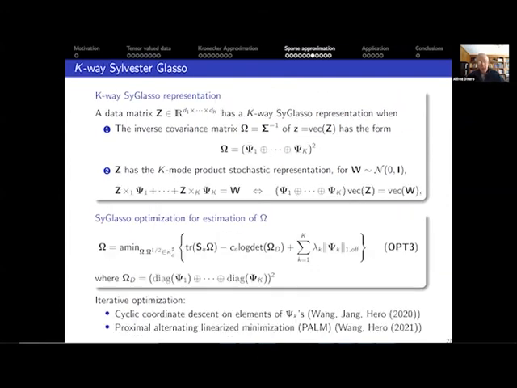Okay, so we have an optimization. We can go to the more general case by looking at the K-mode product generalization of the Sylvester equation, which is identical to the Kronecker sum of these factors, C1 through Ck, same as in the Tera lasso, times the vectorization of this rectangular matrix Z is equal to some driving noise.